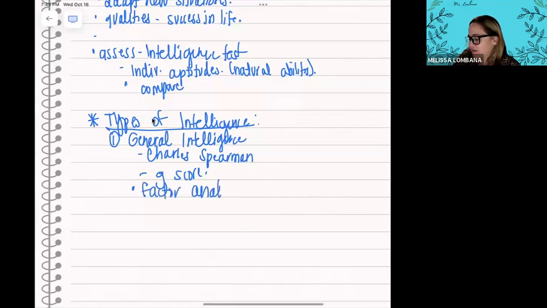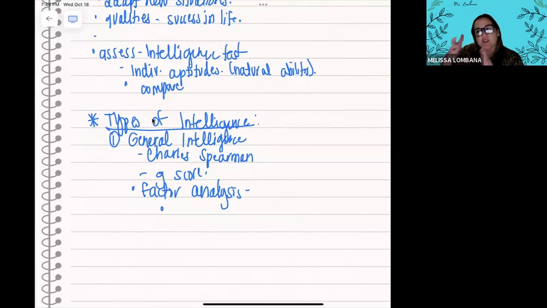Now, factor analysis, I'm actually going to go over a little bit more in class because it's a little confusing. But factor analysis is basically, write this down, the grouping of items when they're giving you a test. They're going to group the items based on the mental abilities. So, for instance, if you ever take an IQ test, and it's going to measure your nonverbal, your verbal, and let's say your processing speed, they can't just give you one test and determine your skill in that.